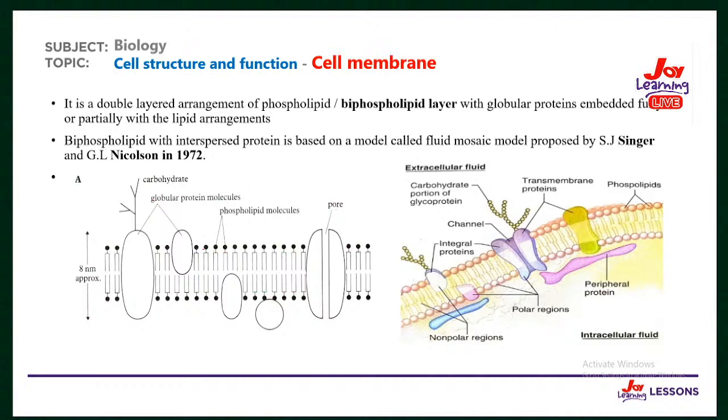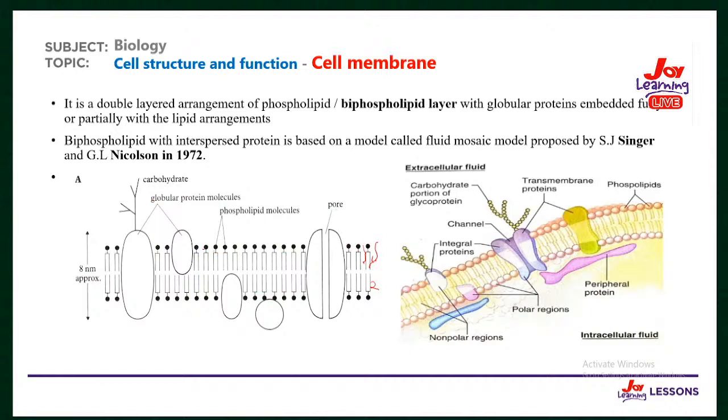So the two combined molecules, use the word bilayer. You can see that there are two layers, one here, another here. These two layers facing each other is what we call the bilayer, the phospholipid bilayer.